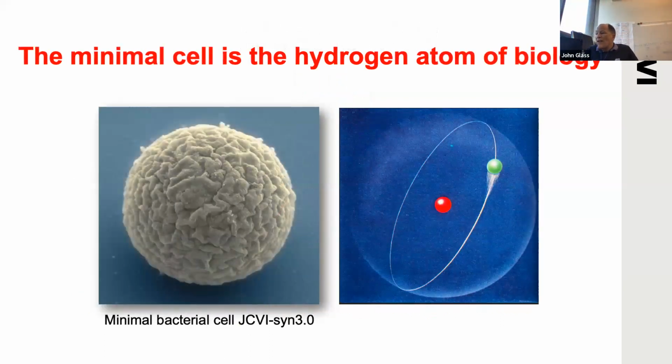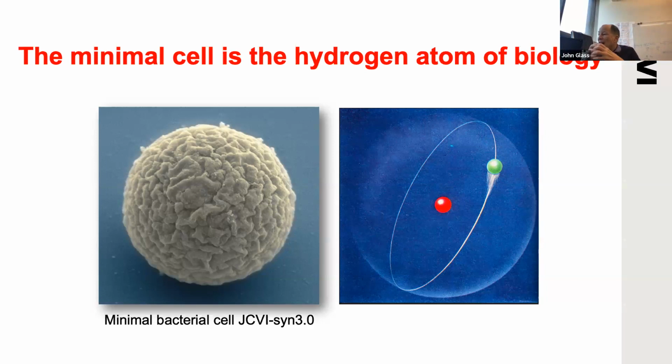Now, a lot of people have been trying to do this for decades with E. coli, but E. coli has 4,000 genes and is incredibly complicated by my way of thinking. I realize I'm a human with many more genes, but what we wanted to do is have the simplest possible system. The physicists and chemists in the 19th and 20th century, and even today, are making extraordinary discoveries about the nature of matter using the hydrogen atom.